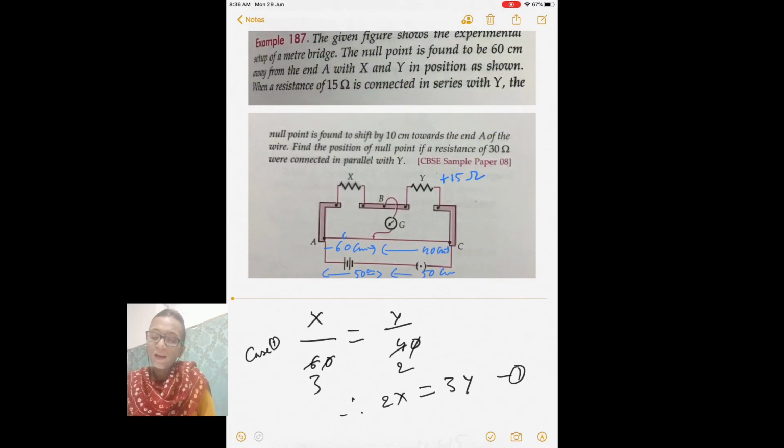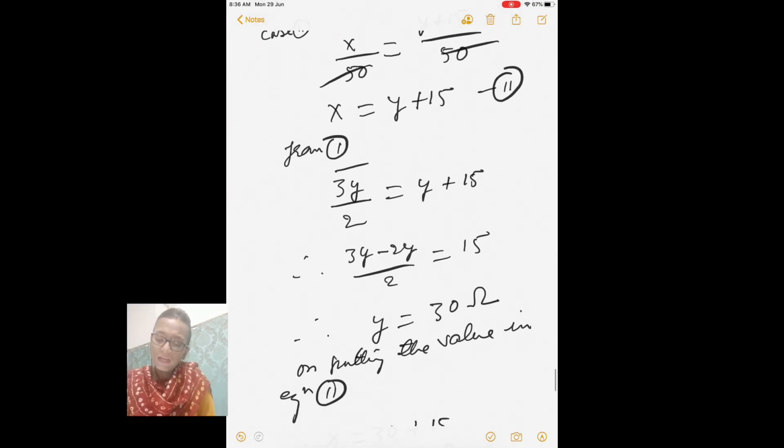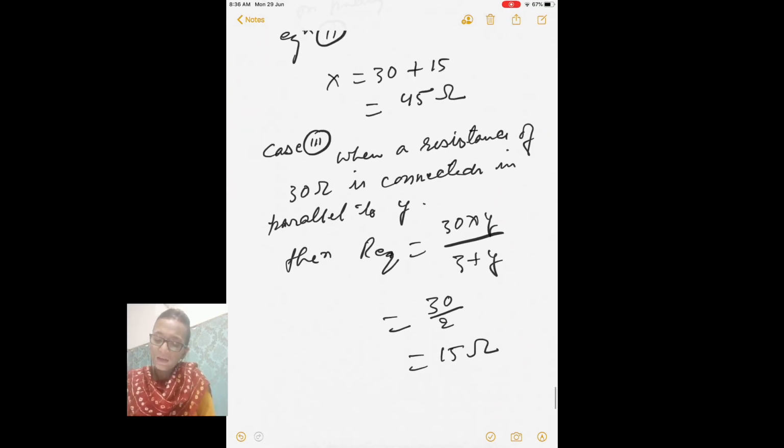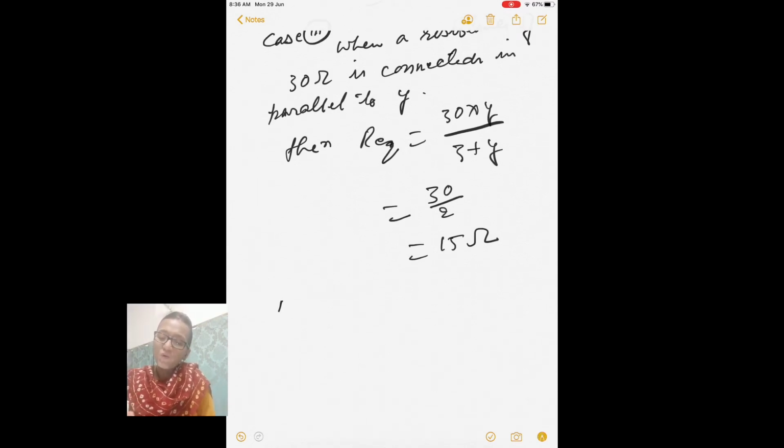Then R equivalent of this gap comes 15 ohm. So find the position of null point. x has come equal to 45.